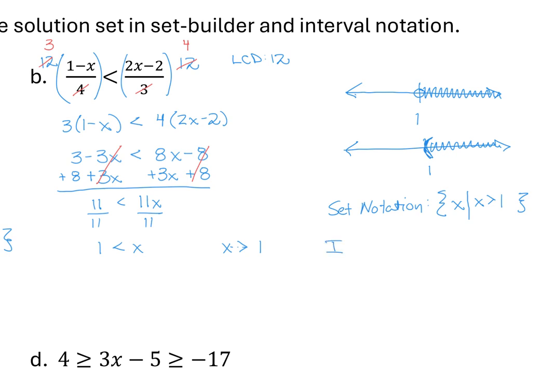For my interval notation, our leftmost value of the shading on our graph is at 1. We have a parenthesis around it on our graph, and so we're going to have the same parenthesis in our interval notation. And then this goes forever to the right, which is positive infinity.